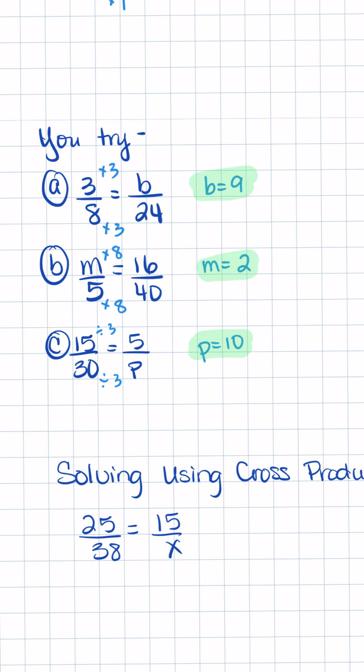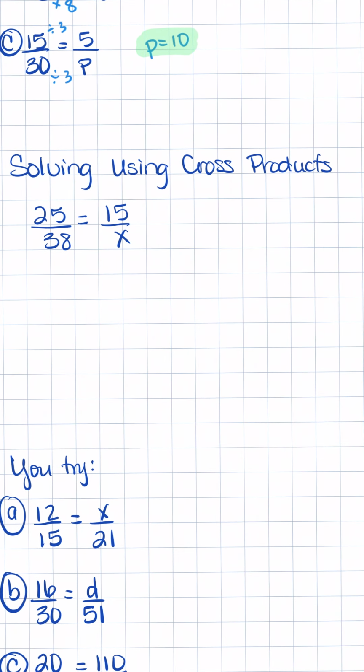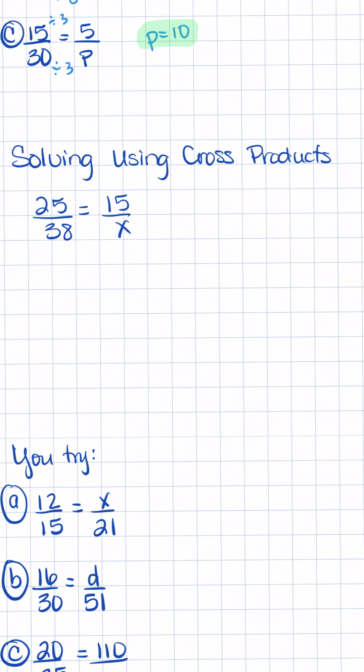So those were 2 ways of doing it. This is another way, solving using cross products. To use cross products, we write what it is. So these two multiplied by these two. So that's going to equal 25x equals, and then 38 times 15 equals 570.